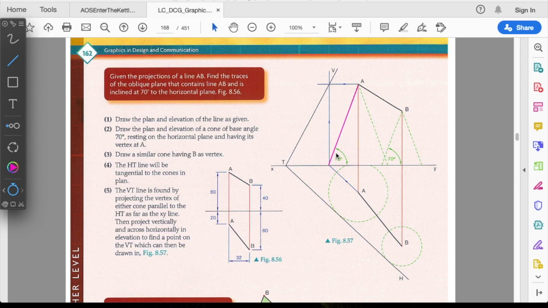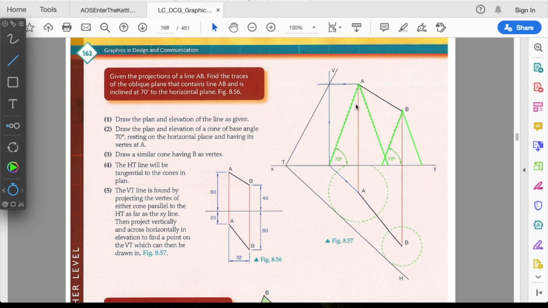Now what we can do is use that to solve these types of questions by just saying, if I have 2 points and I know that the inclination of the plane is 70 degrees, I can draw two 70-degree cones from those points. You'll see that what they've done here is have one cone from A, and then a second cone from B, both with an angle of 70 degrees.